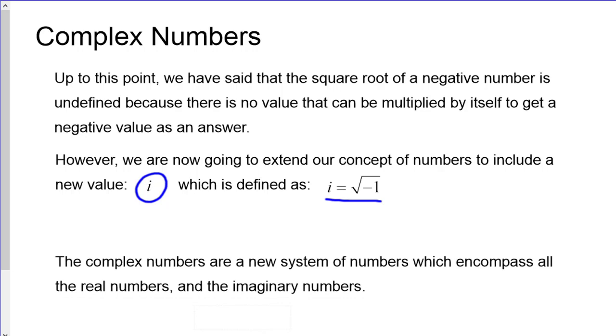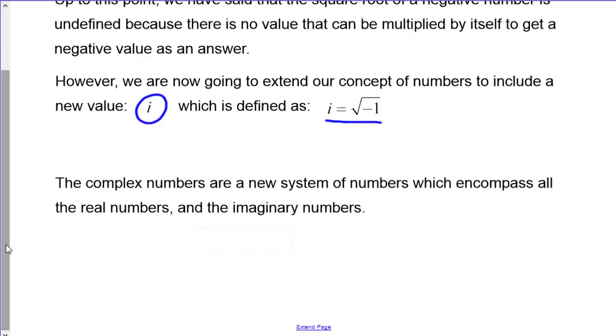The complex numbers are a new system of numbers which are going to encompass all real numbers and imaginary numbers as well. So everything we know up to this point still applies. We're just extending ourselves. So a complex number is generally written in this form, where we have a as the real part of the complex number and b as the imaginary part.